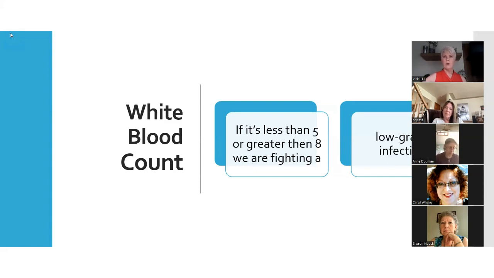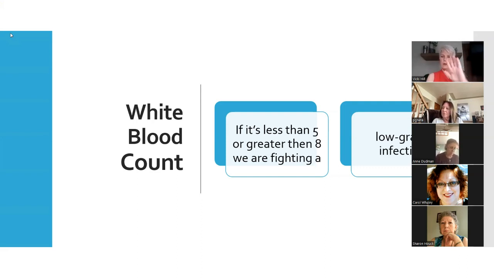So we have this white blood cell count, and what we're looking at in the functional medicine range is between 5 and 8. And I would say that's not even a perfect range, because there are 5 more markers that we look at within this white blood cell count.